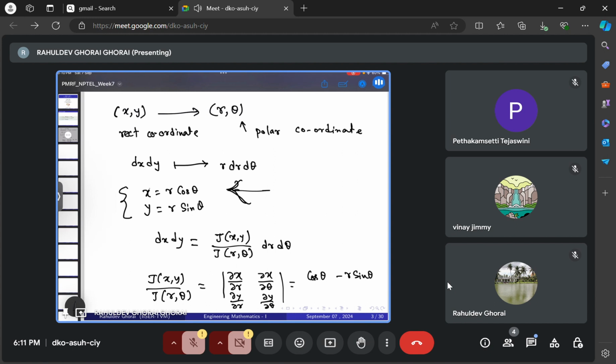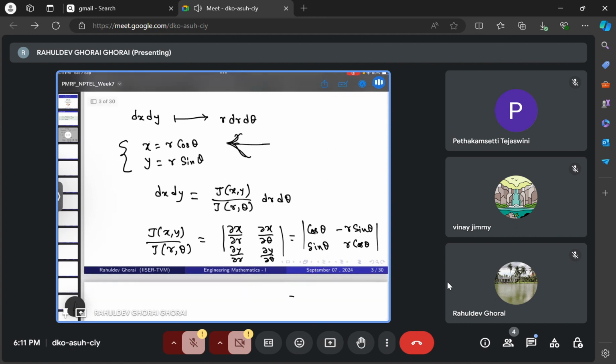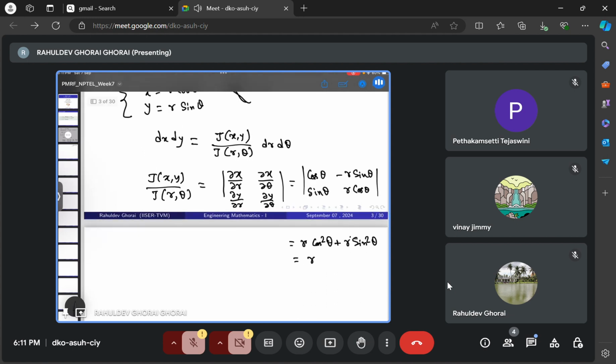Del y del r is sin theta, and del y del theta is r cos theta. When you take the determinant, you get r cos square theta plus r sin square theta. Sin square theta plus cos square theta is one, so that is r. That's how you get dx dy equal to r dr d theta.